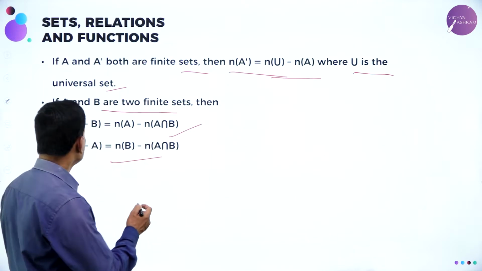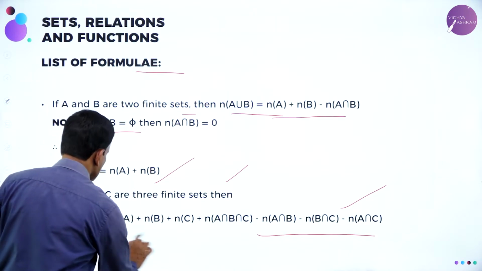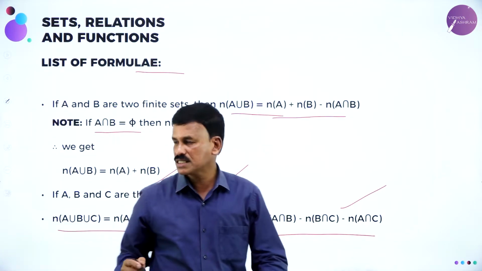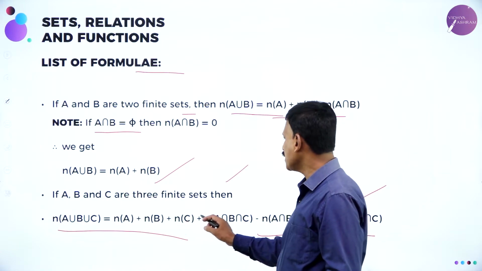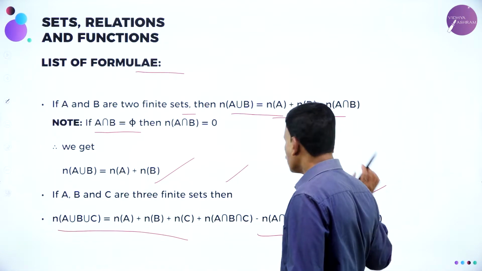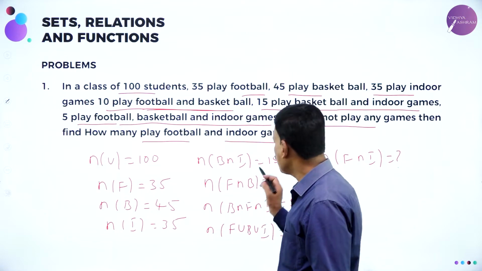Now let us come to this formula. Using this formula, n of A union B union C is equal to n of A plus n of B plus n of C, and so on. Now using this formula we can find the solution.